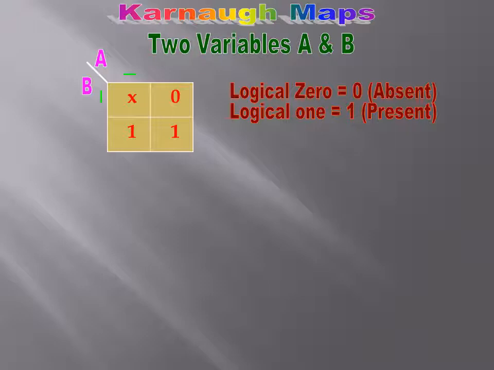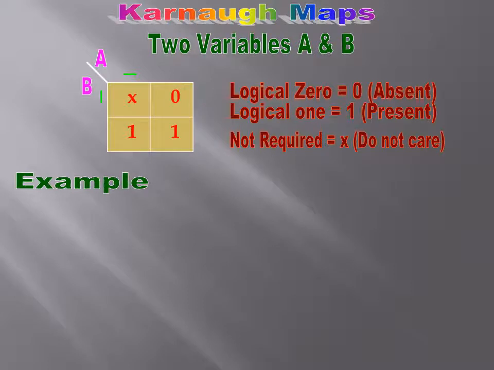And if there is X, that means it is a do not care condition, which means this term can be taken as a 1 or a 0 according to your own choice. We will use this do not care in later expressions which will be solved here.